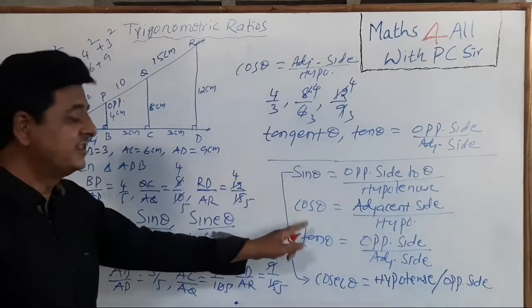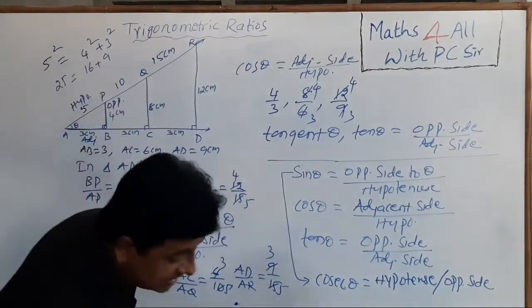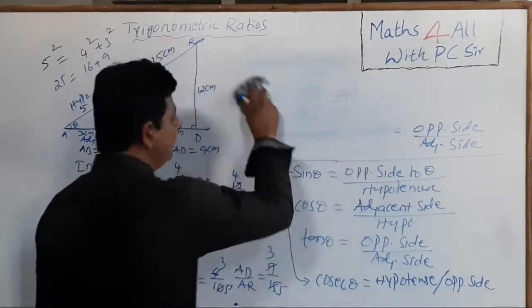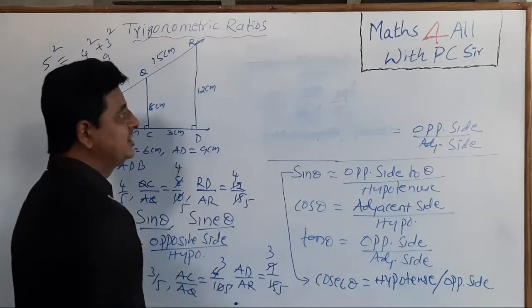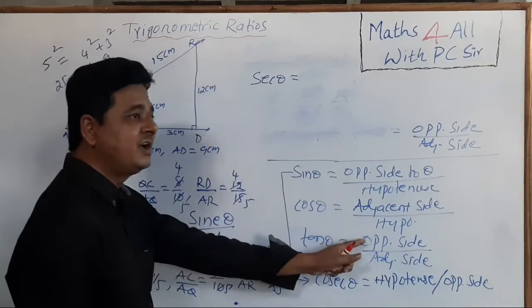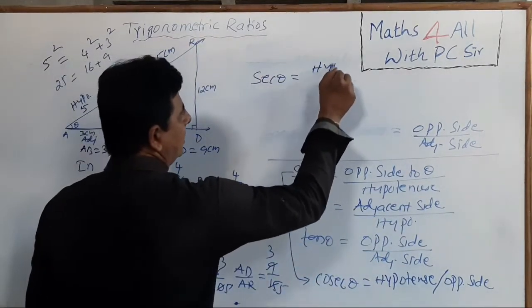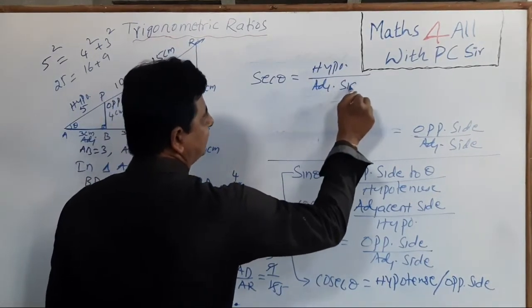One more is the reciprocal of cos theta. What is the reciprocal of cos theta? That is secant theta. The reciprocal of cos theta is secant theta. What is cos theta? Adjacent side by hypotenuse. So we can write hypotenuse by adjacent side.